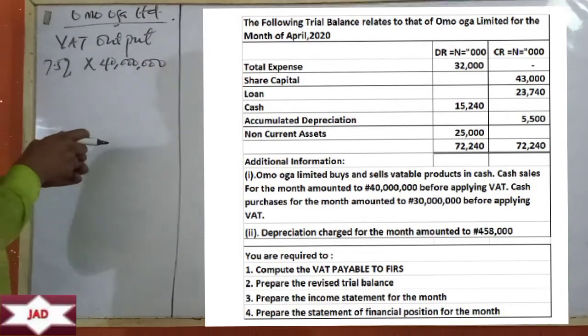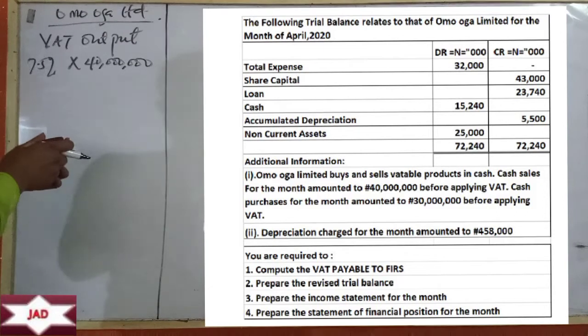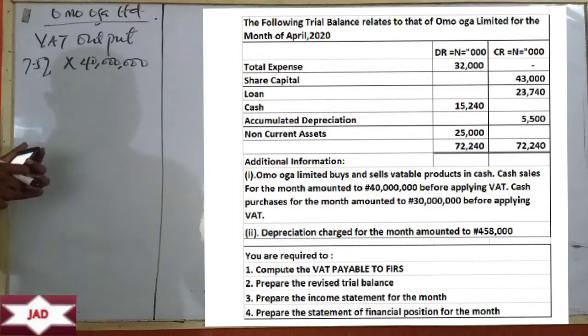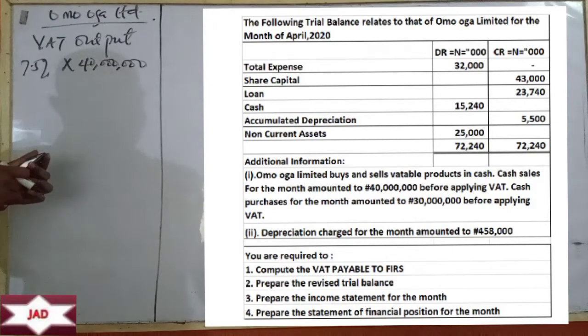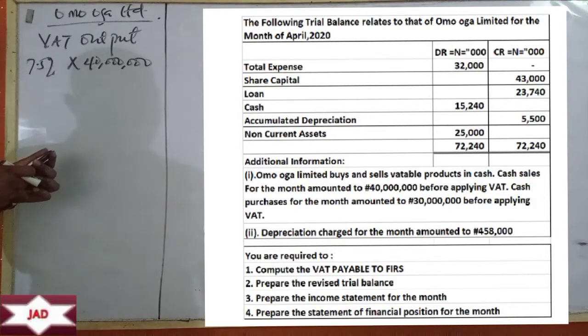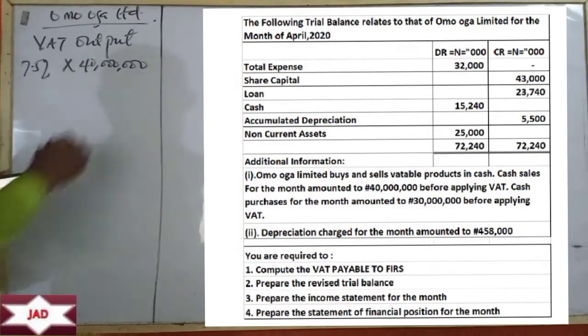That's 3 million. 0.075 times 40 million, so we have 3 million.